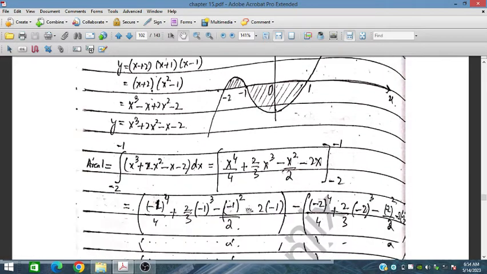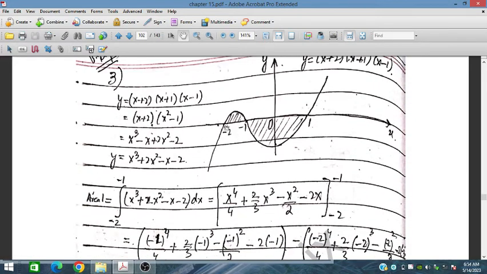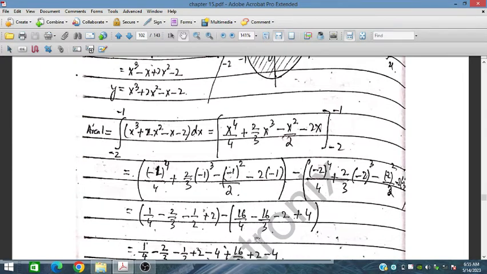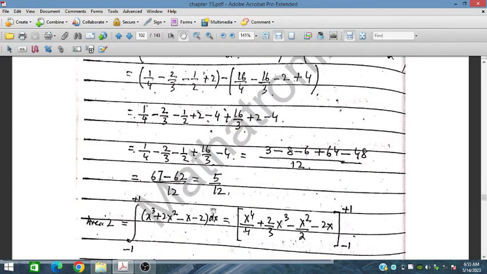For the shaded region, we have to find the area from -2 to -1. This area is area 1, and this area is area 2. From -2 to -1, we evaluate by substituting the values and obtain 5 upon 12.